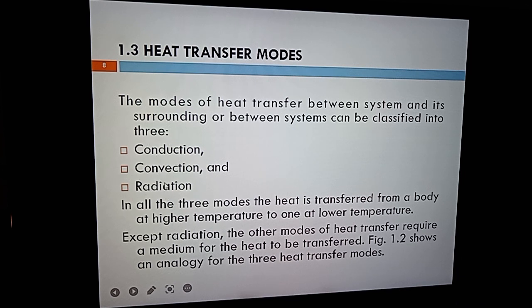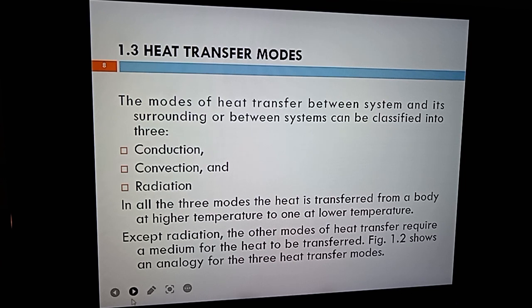In all three modes of heat transfer, heat is transferred from a body at higher temperature to one at lower temperature, that is, from the higher temperature concentration area to the lower temperature area. Except radiation, the other modes of heat transfer require a medium for the heat transfer, as shown below in the figure.